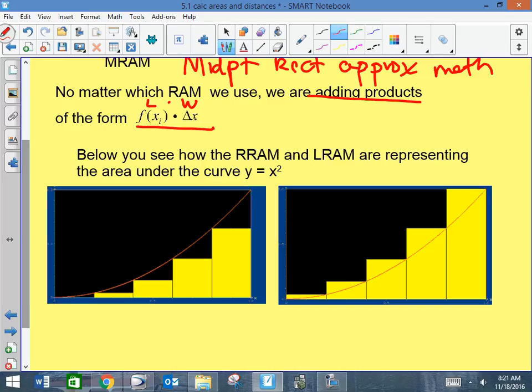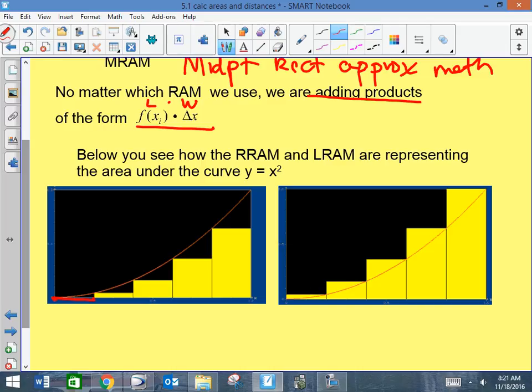One of them's left RAM, and one of them's right RAM. Okay. How do we know the difference? Well, we start from the right to find our height, or we start from the left to find our height. So which one's this? Yes. Because we started with this.